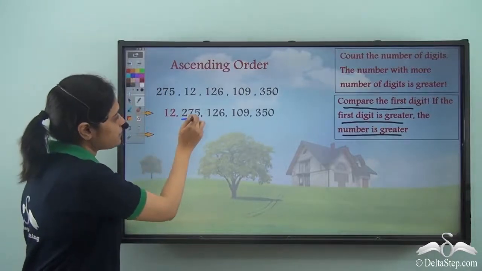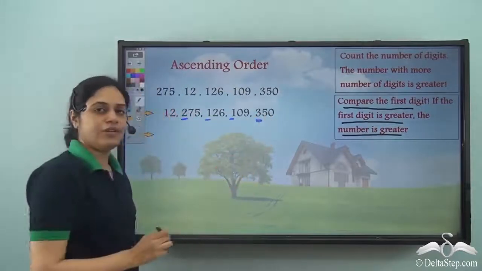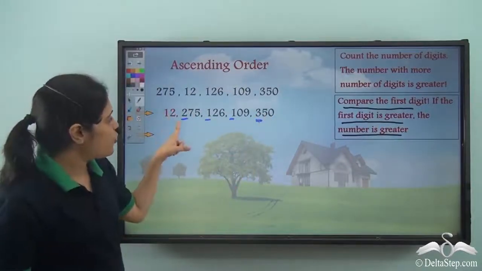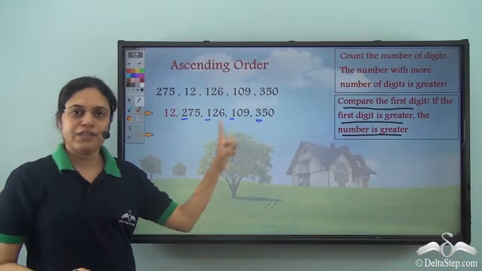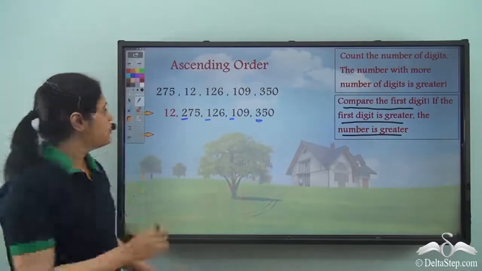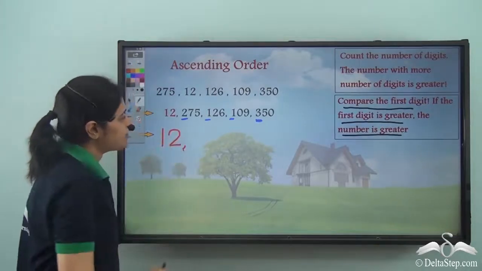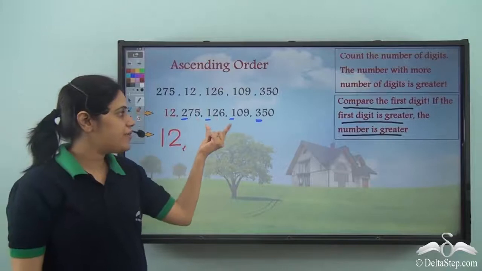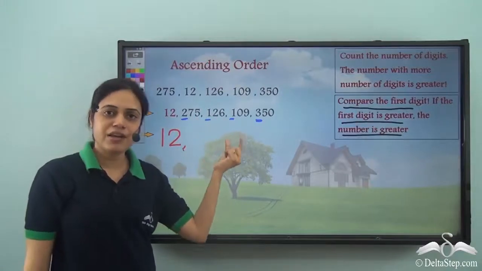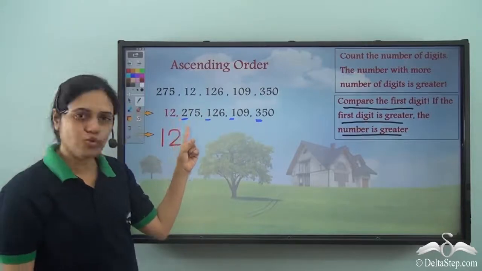This is 2. This is 1, 1 and 3. So 2, 1 and 3. The first digits are 2, 1 and 3. So let's write down. 12 will remain as it is. Now the numbers with first digit as 1 will be smaller than the numbers with first digit as 2.